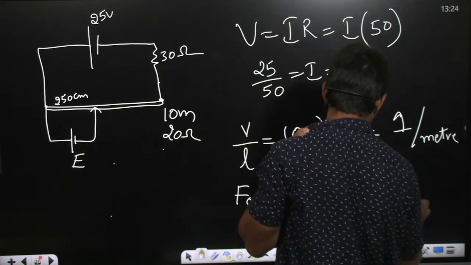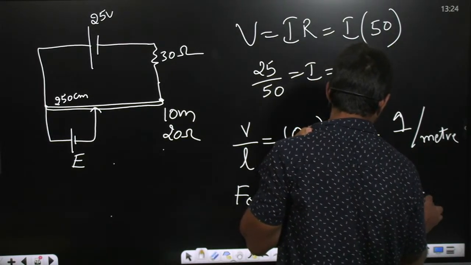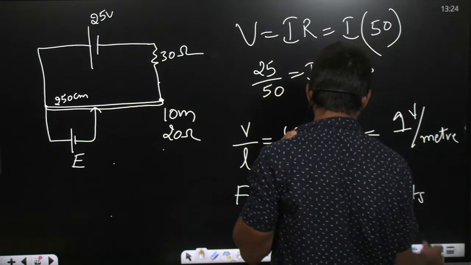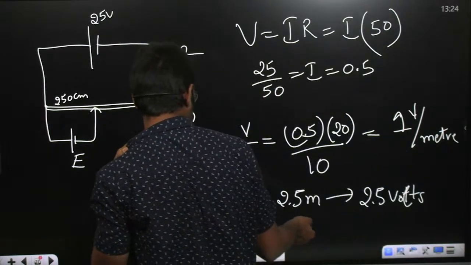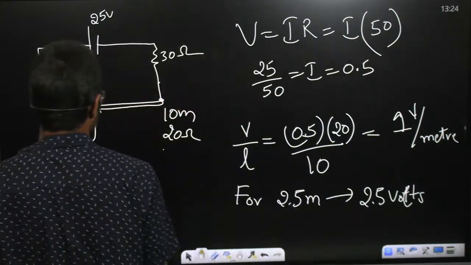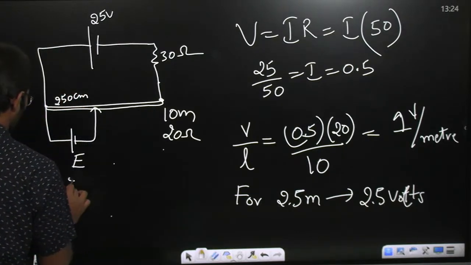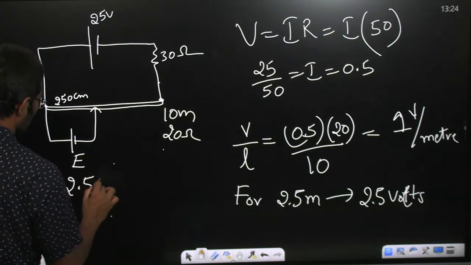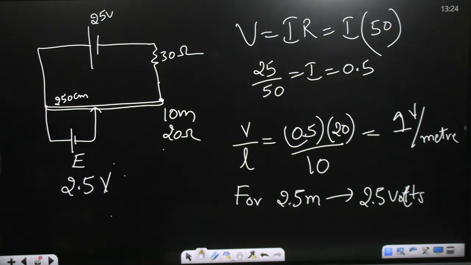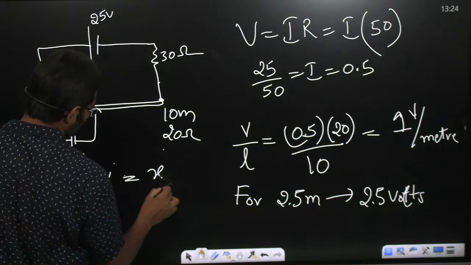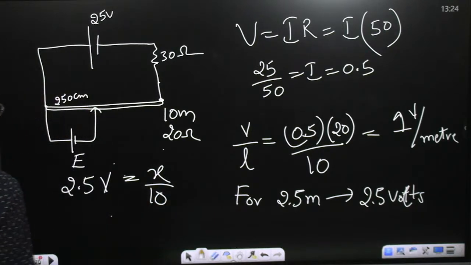See, it is 1 volt per meter here. It is 2.5 volts for 2.5 meters. So the E will be 2.5 volts. But here the question says E is equal to x by 10, so he is asking what is the value of x.